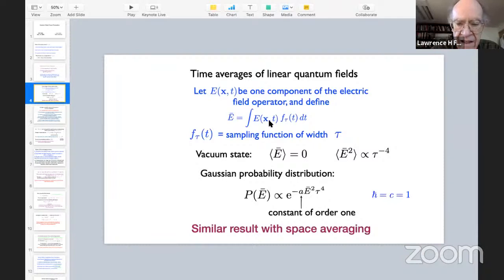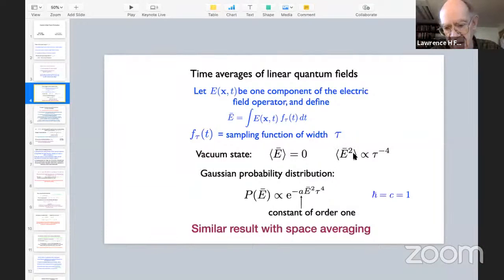So when we do that, we find that in the vacuum state, the mean value of the averaged electric field is 0. But that's because it's equally likely to be positive or negative, fluctuating equally around positive and negative values.